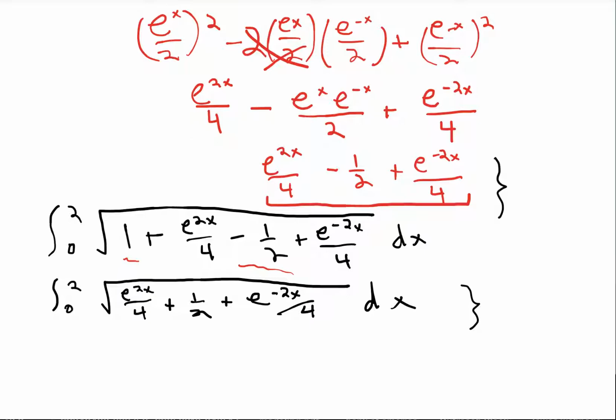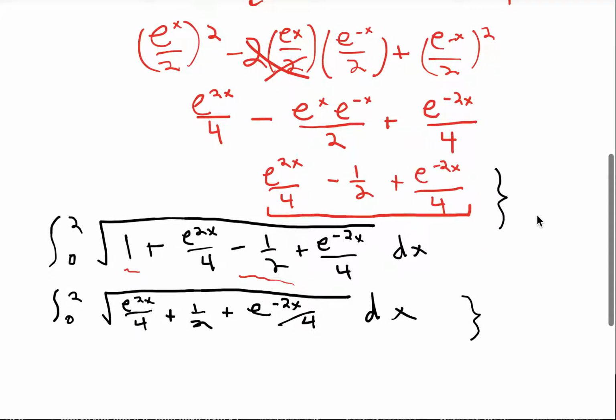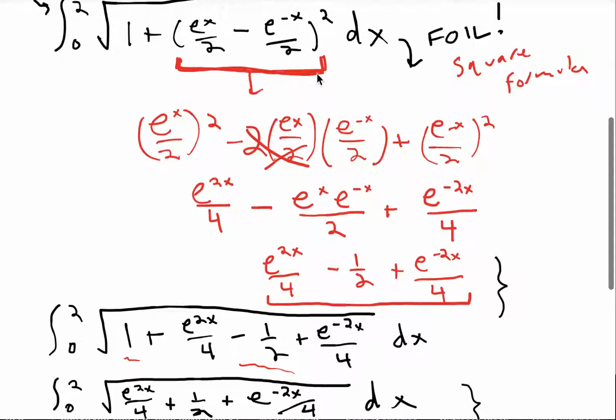You notice the only thing that looks different between both of these is that one has a minus 1/2 and one has a plus 1/2. Now, a comment: both of these are squares. What I mean by that is this. If I scroll back up to figure out where the upper triplet of terms came from, it came from me taking this e to the x over 2 minus e to the negative x over 2 difference, and then squaring.